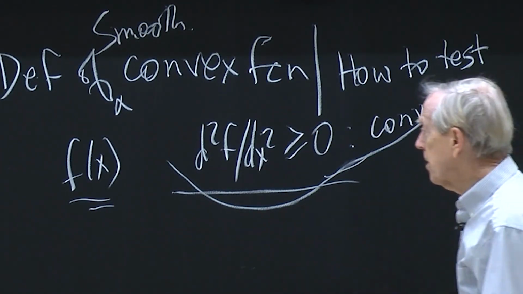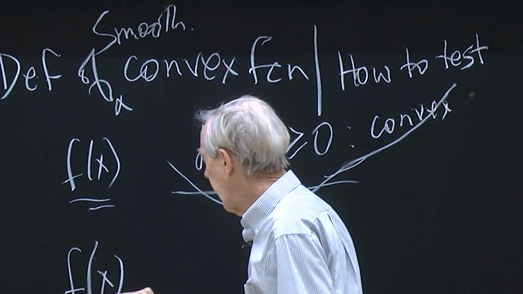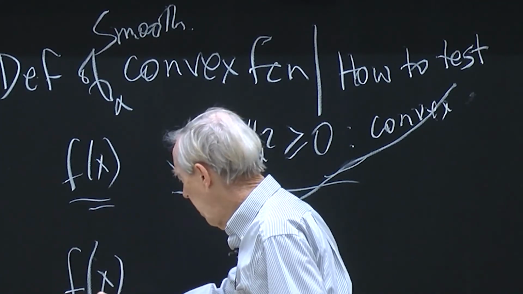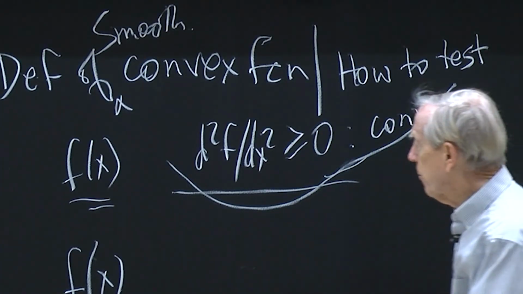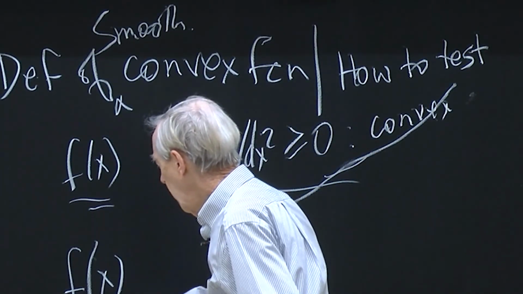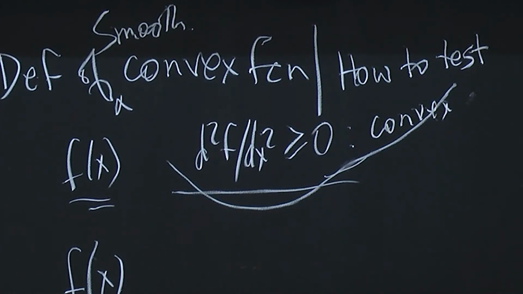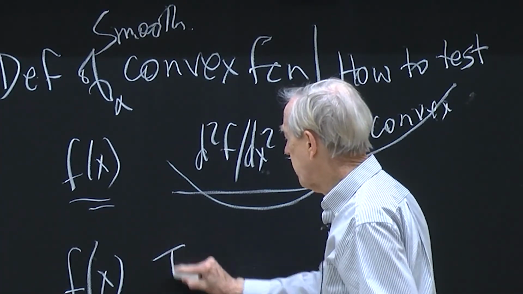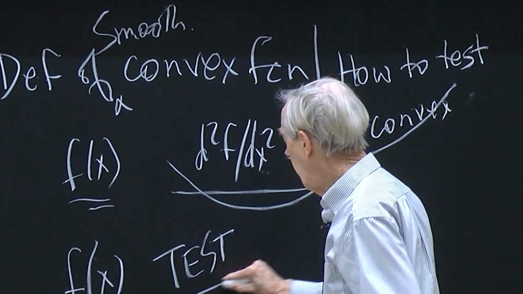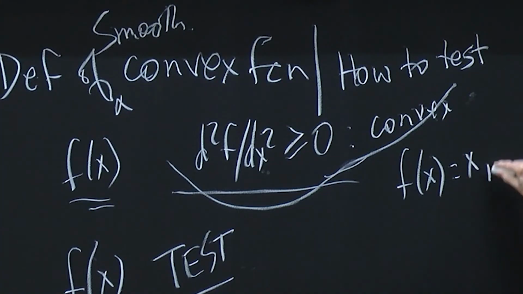Okay, final question. Suppose f is a vector. So this is a vector, and so I have n functions of n variables. No, I don't. I've got one function, but I'm in n variables. So this was just one. What's the test for convexity? It would be passed, for example, by x1 squared plus x2 squared.